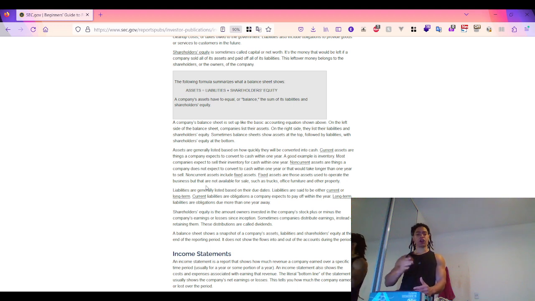Sometimes a company distributes these earnings, and they call that dividends. So this is the balance sheet.